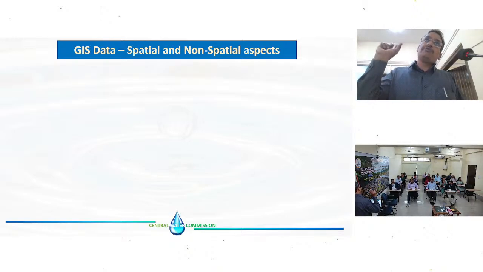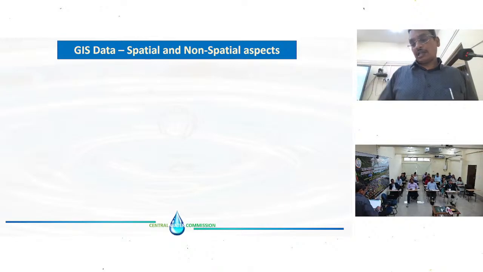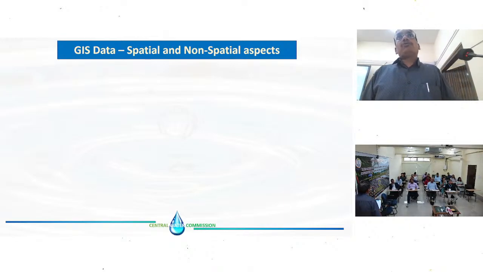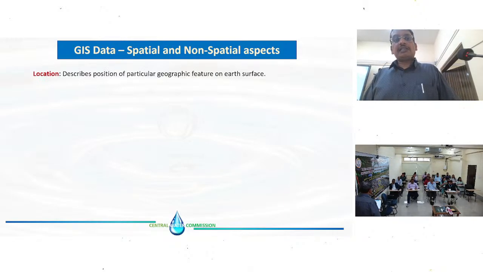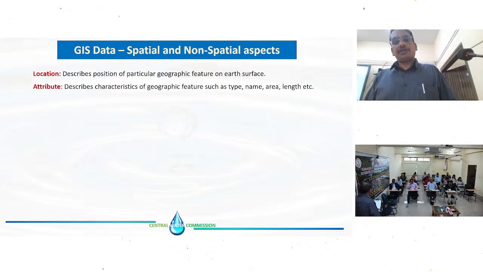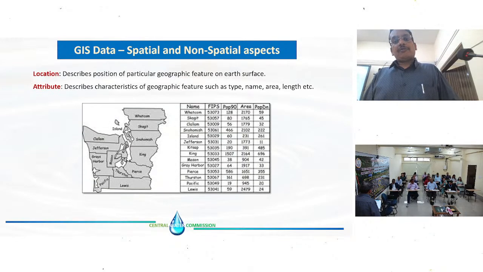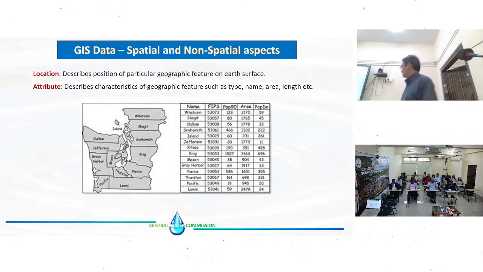Whereas if you have locational information, in that example, house number, but if you have longitude and latitude, there will be two columns, that is the spatial data. So GIS data consists of location as well as attributes. For example, this is a GIS layer, which you will see in the GIS interface. You will see something like this.